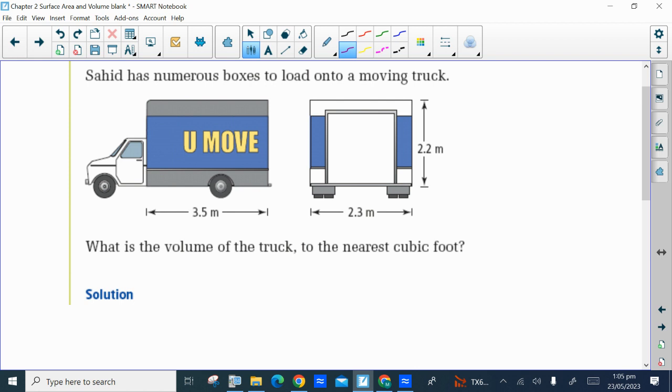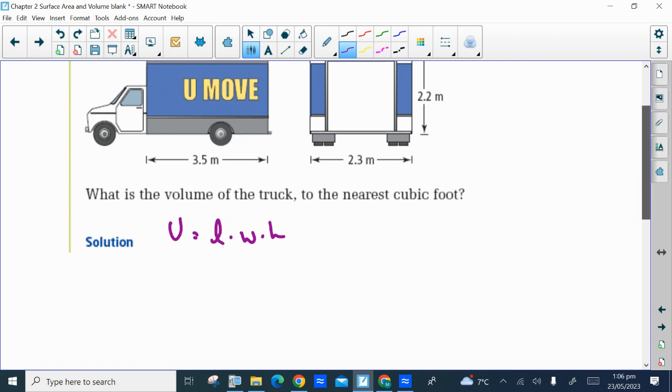And if you look on the formula sheet, it says that the volume of a prism is B times H, where B is the area of the base. The base is a rectangle. And the area of a rectangle is length times width times H, which is height. So essentially, we're going to use the formula for volume of a box as length times width times height.